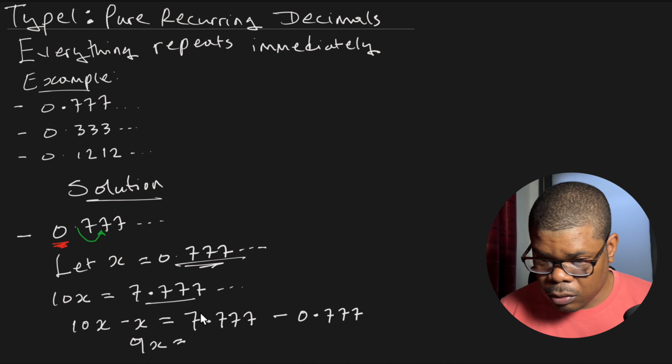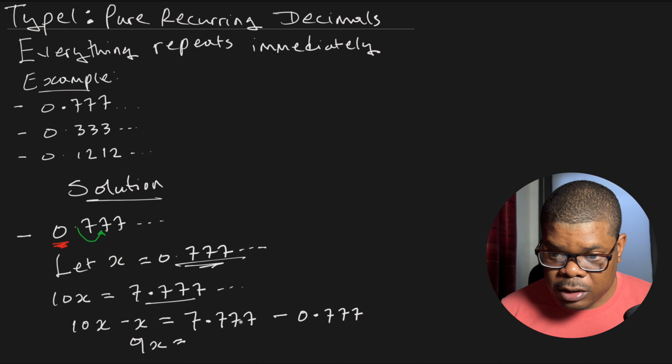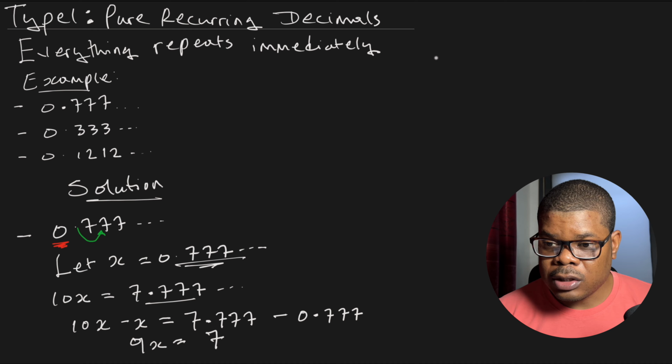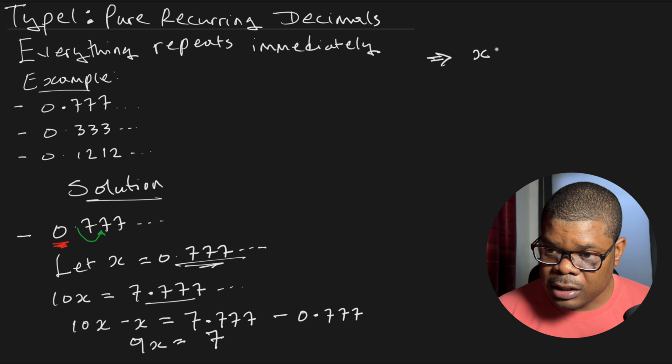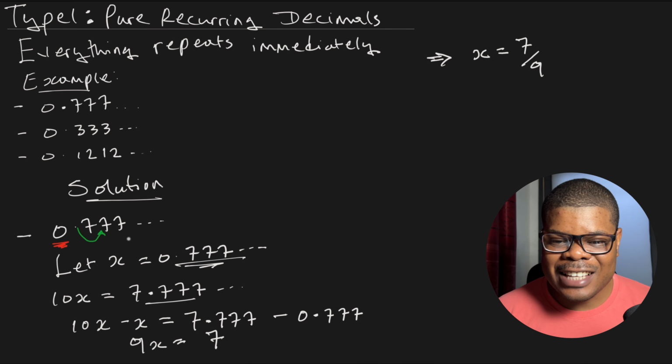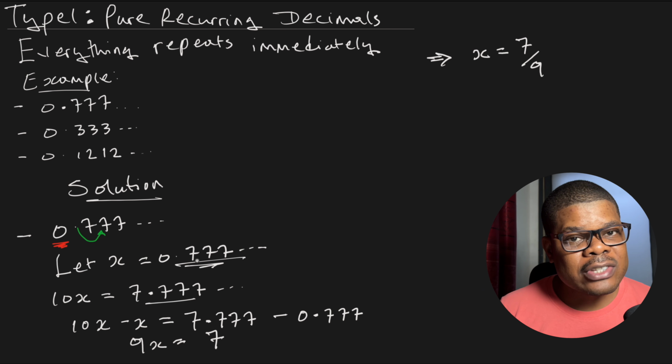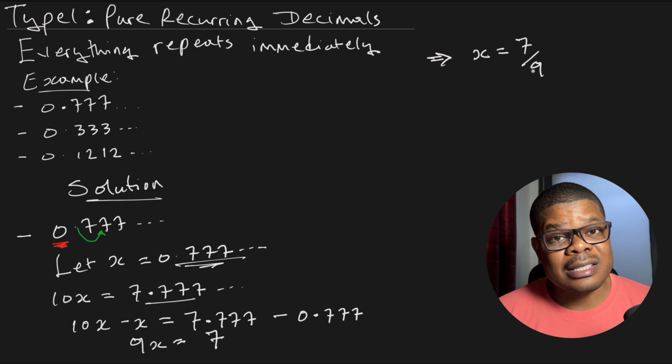So 9x will be equal to 7.777 minus 0.777, which just gives me 7. When we divide both sides by 9, so that x stands alone, we have that x is equal to 7/9. So you see that the same x that is 0.777... is now 7/9.